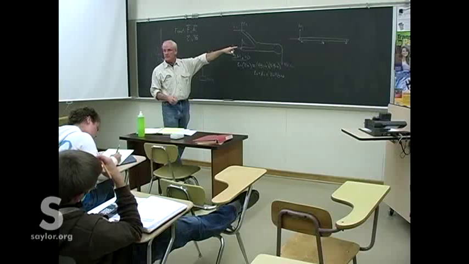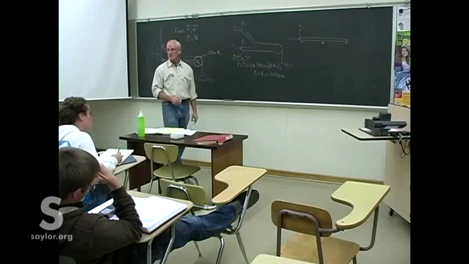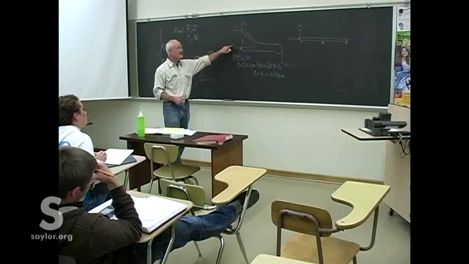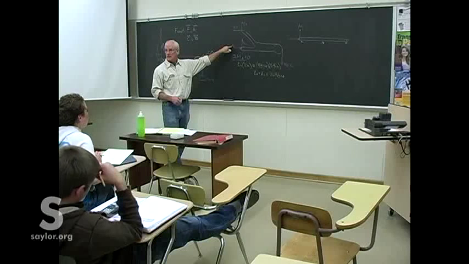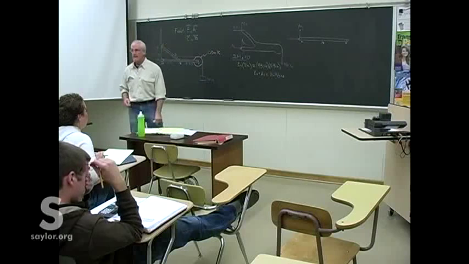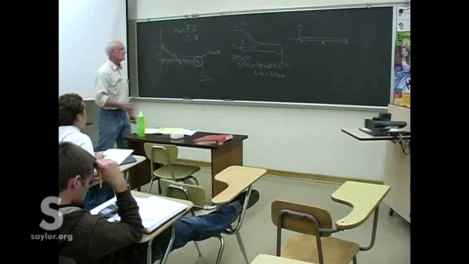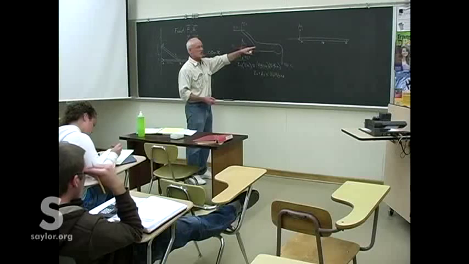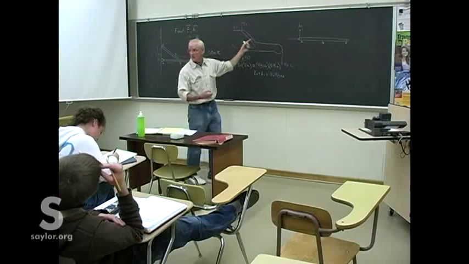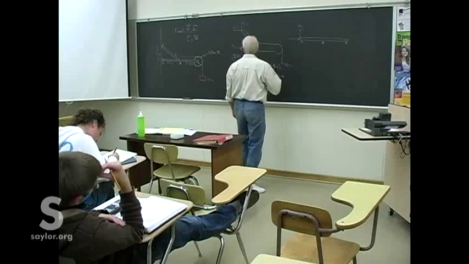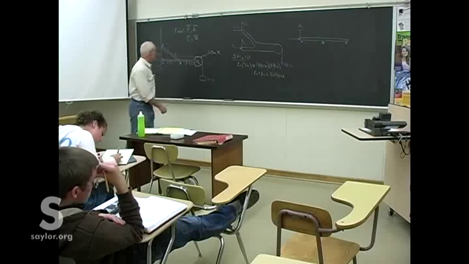Do I draw them the same way, or do I draw them equal and opposite to this AX, AY? Yeah, it's still the same joint. That joint hasn't changed any. The parts that we're looking at's changed a little bit, but the joint hasn't changed at all.